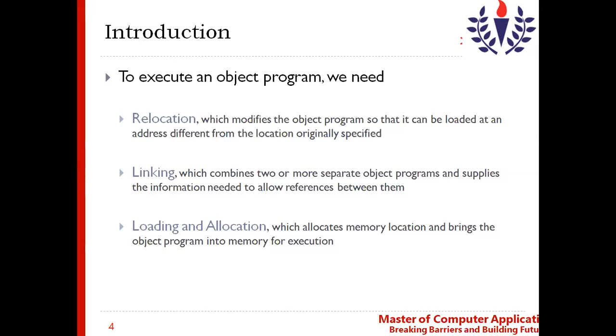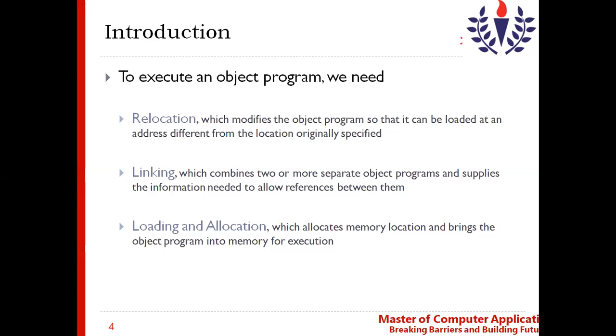Most loaders include the linker as well, to do the linking as well as the loading process before executing the program. In order to do that, the loader has to do some functions. The main three functions in the loaders are relocation, linking, and finally allocation and loading. These are the three functions which need to be carried out by the loaders and linkers together.